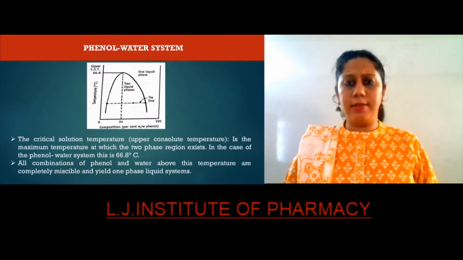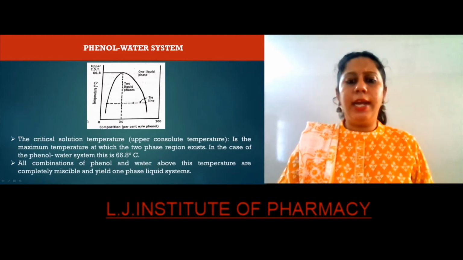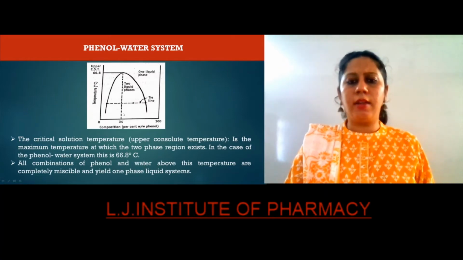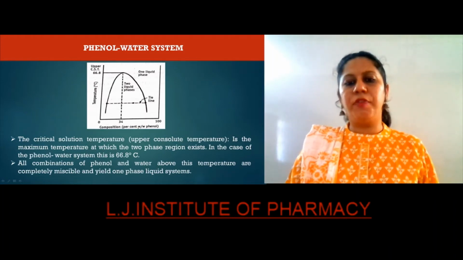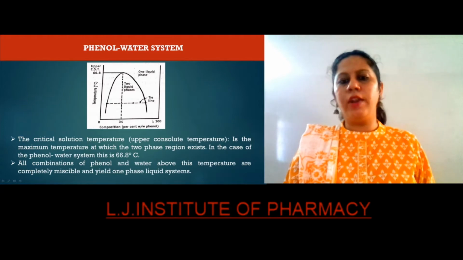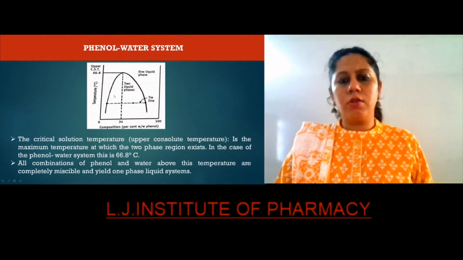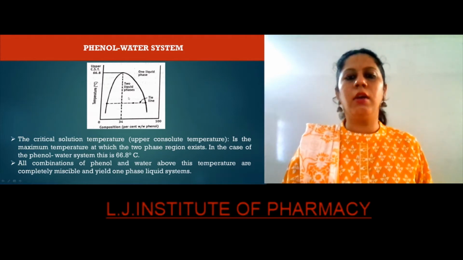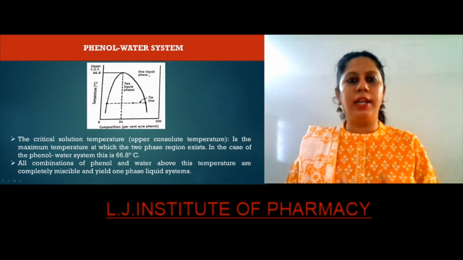So the first system, which is the phenol water system, here you can see the phase diagram. It is the composition versus the temperature. The composition at 34% weight by weight phenol, as you increase this composition, that is phenol in water, here you will have more of phenol, whereas here you have more of water. You can see below 66.8 degrees Celsius the two liquid phases are existing, whereas above this you have one liquid phase system.